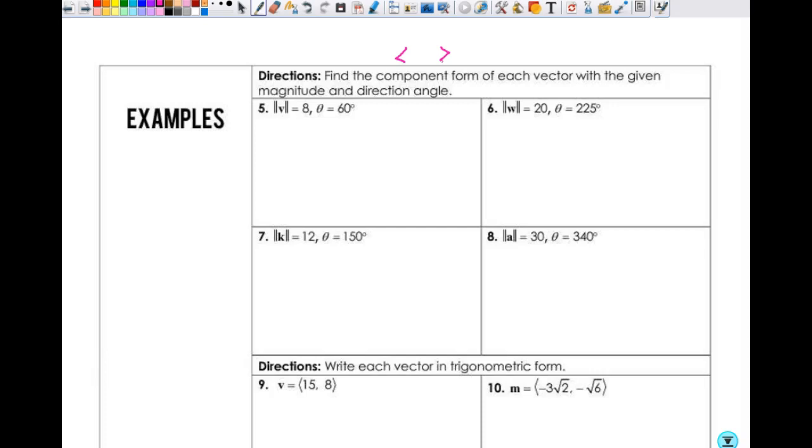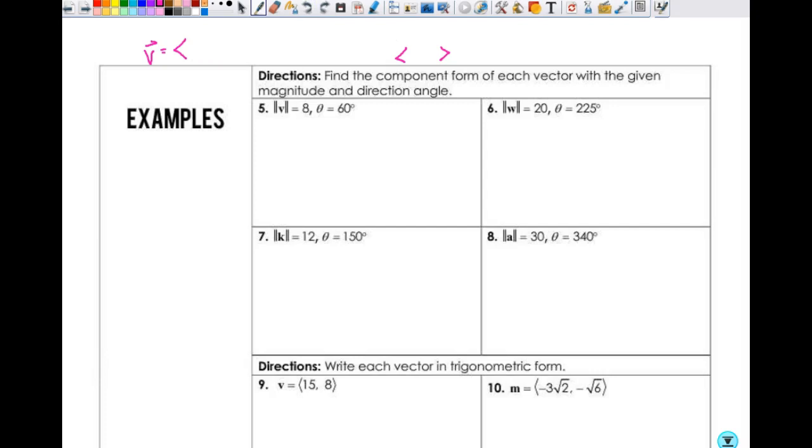So remember that the vector v is equal to cosine theta, or I'm sorry, it's not just cosine theta, sine theta, because these aren't unit vectors.